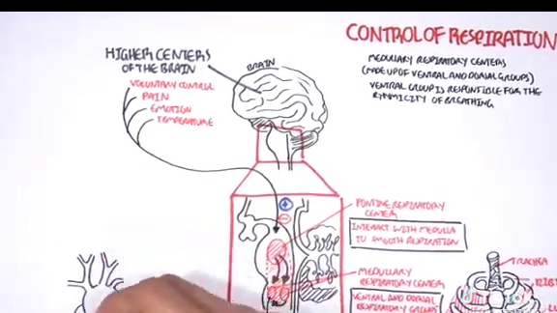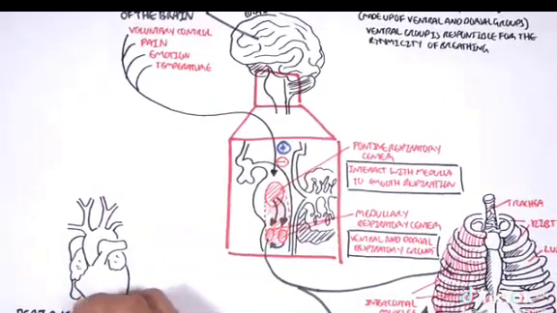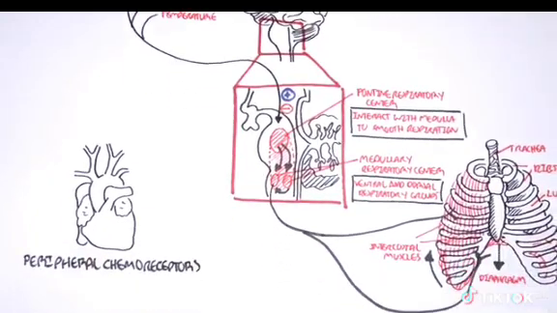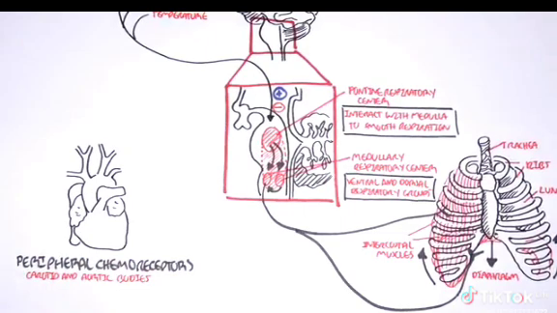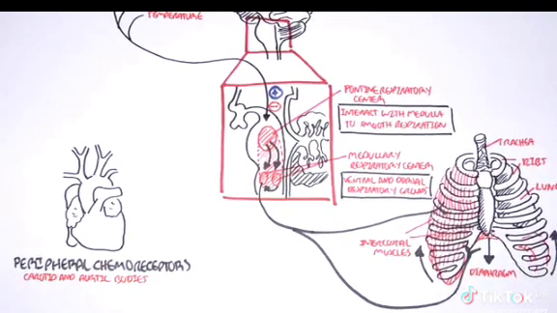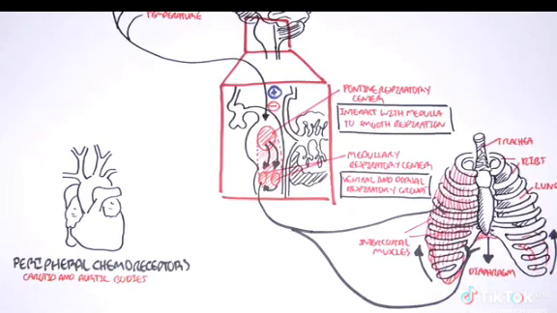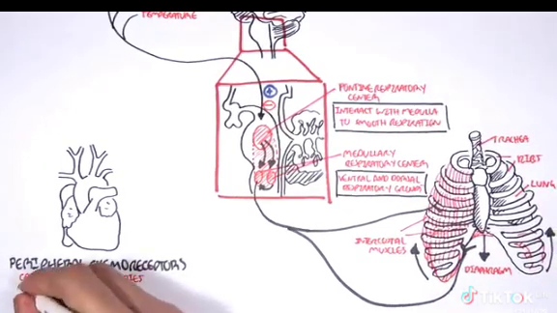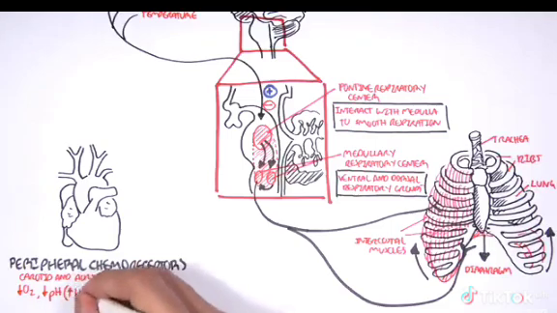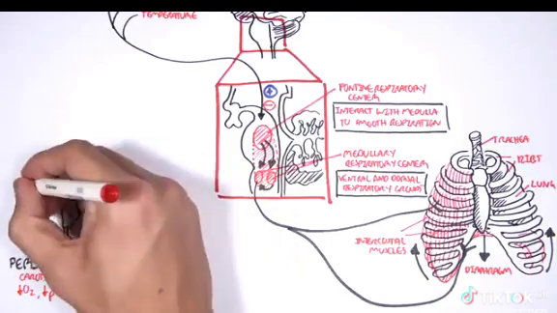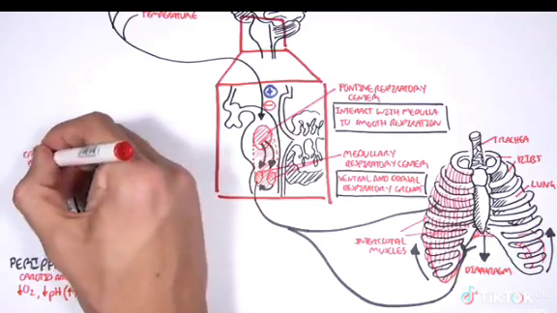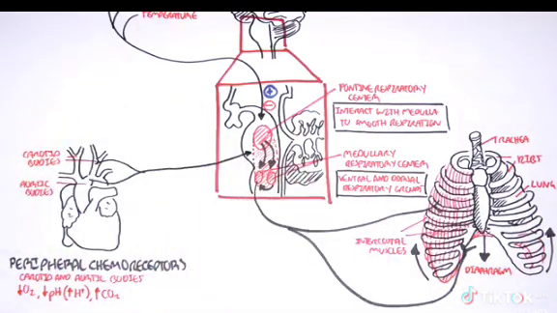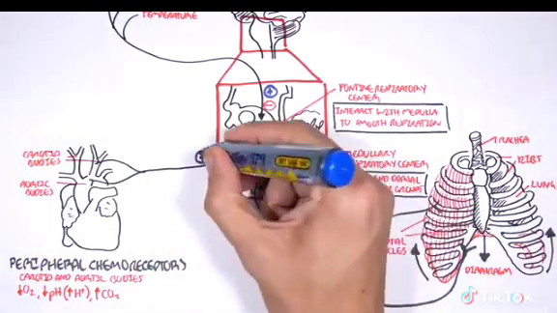But the main regulator or influencer of respiration would be the peripheral chemoreceptors, which are located in the carotid and aortic bodies. They detect chemical changes in the blood. So for example, if they detect a decrease in oxygen, a decrease in blood pH, which means an increase in hydrogen ions, and an increase in CO2, this will stimulate or trigger the chemoreceptors located here in the carotid bodies and aortic bodies, and they will stimulate the respiratory center.